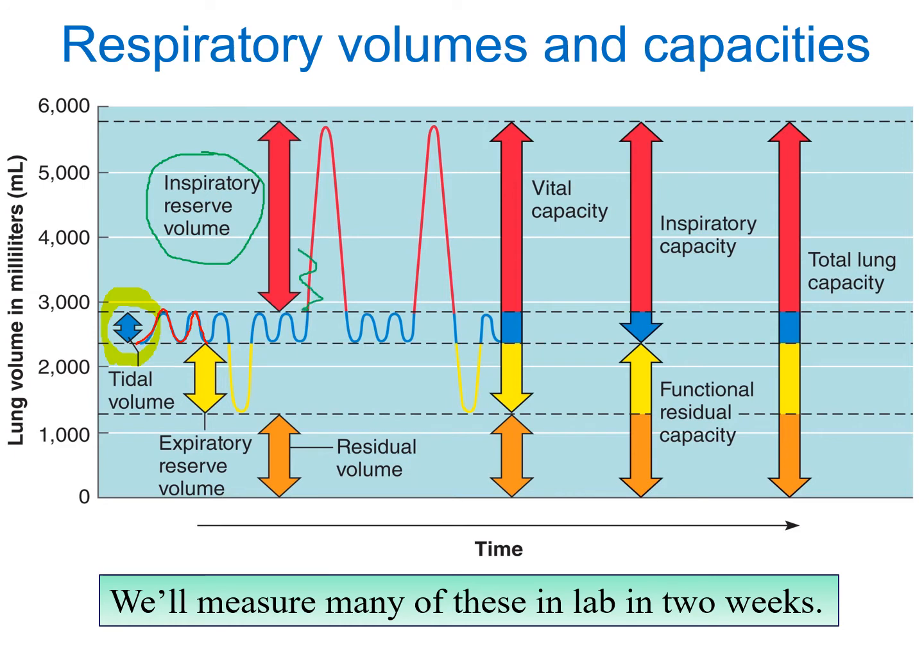What I've outlined here in the green zigzag lines is the amount of air the patient would inhale until he could not inhale anymore. He'd have to stop and begin to exhale. That amount of air in reserve is called the IRV, or Inspiratory Reserve Volume.